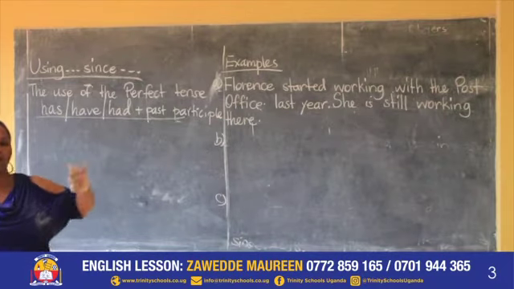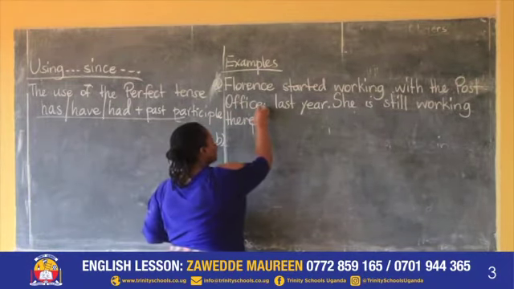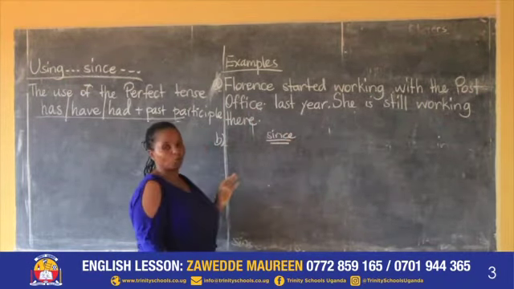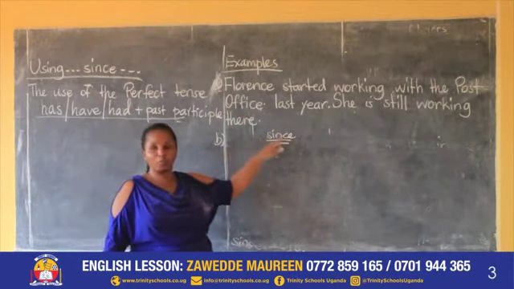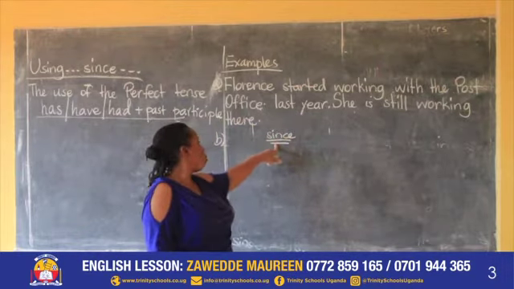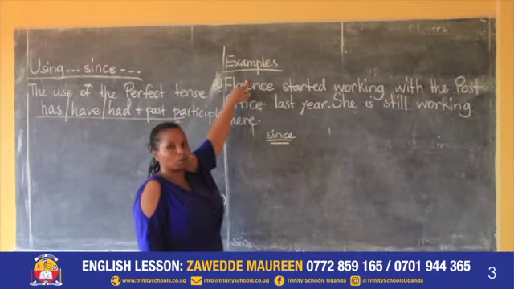With the explanation I have given before, we have been given 2 sentences and the setter wants us to join them using since, of which we said since expresses a point of time in this regard. The action is still going on, but we need the point of time when Florence started working with the post office.